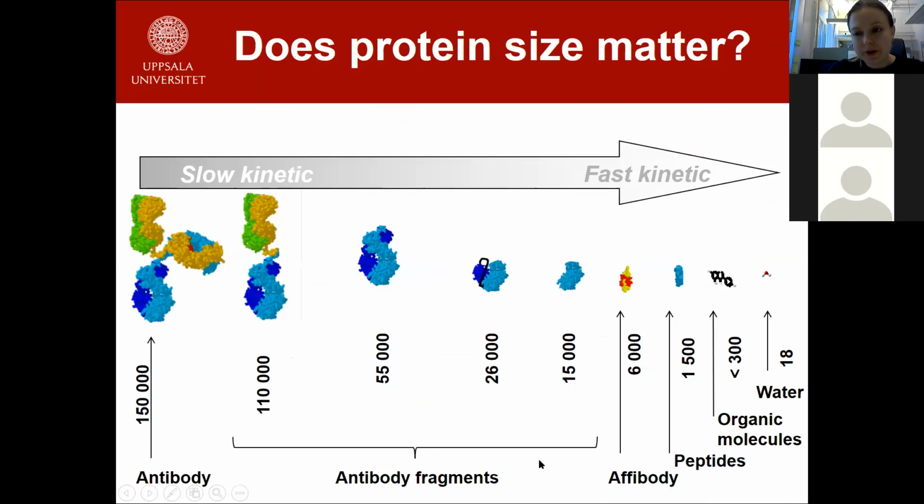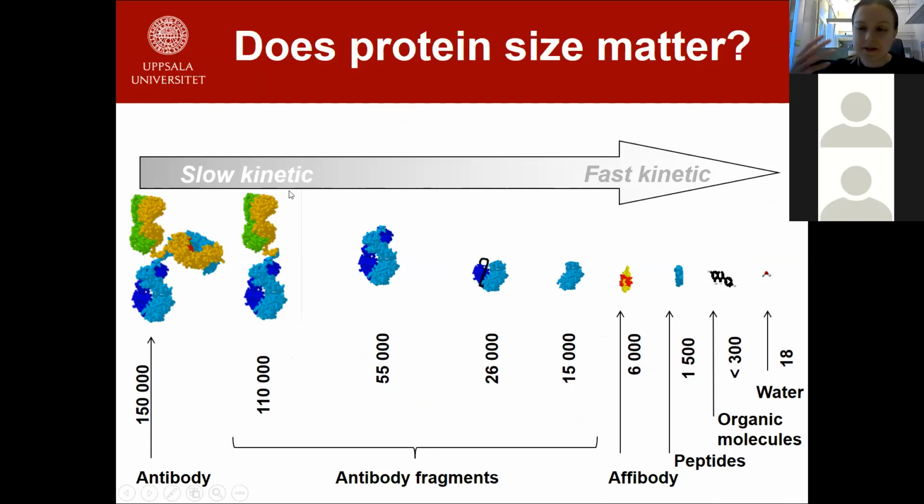So why is it important to know the half-life of the radioisotope, and why is it important to know the size? Because basically it's good to match the size of the targeting protein with the half-life of your isotope, because big molecules have slow kinetics, so they will circulate in the body for a long time.